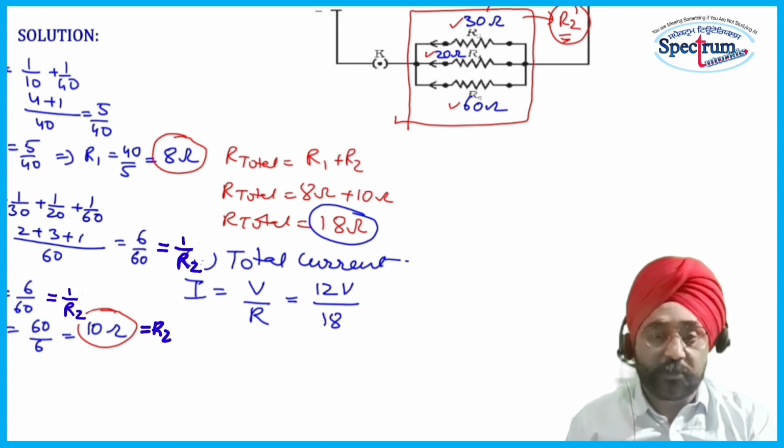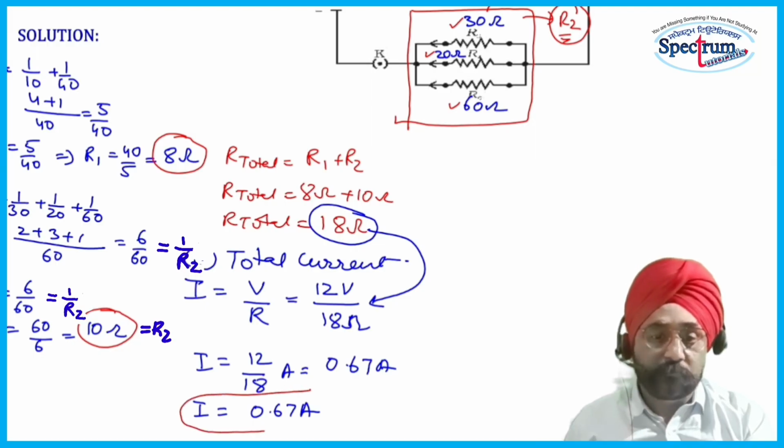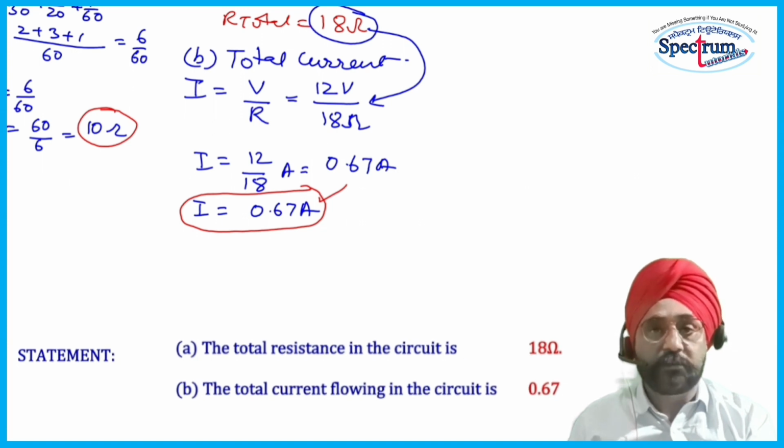Total resistance we have calculated, 18 ohm. So I is equal to 12 over 18 ampere. This comes out to be 0.67. Current comes out to be 0.67 amperes. Let us write the statement. The total resistance in the circuit is 18 ohm. The total current flowing in the circuit is 0.67 ampere.